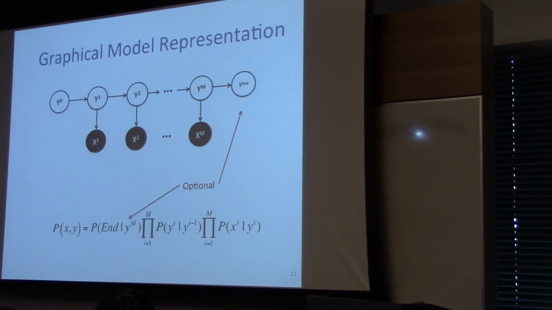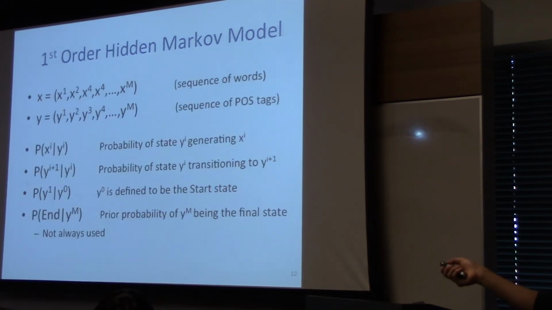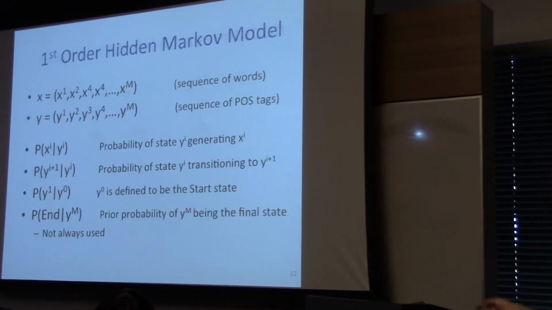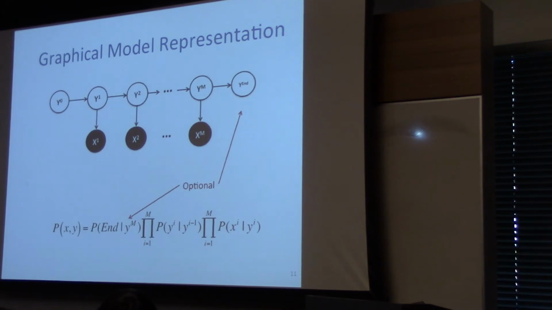So here's the graphical model representation. We have a special start state, end state, and then we have these conditional dependencies that are modeled. And so the joint probability of this hidden Markov model and this graphical model representation is equivalent to this independence assumption that we only need to model these components and then just multiply them together.